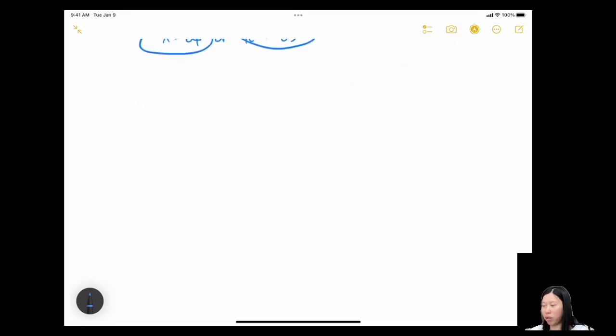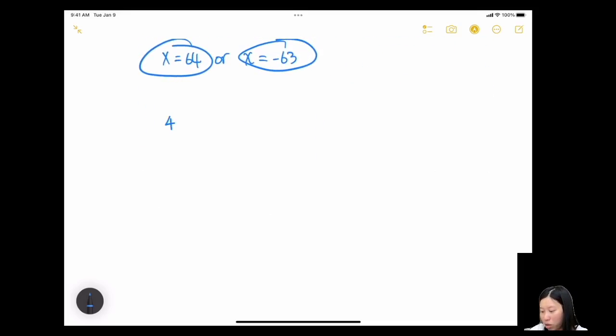Let's do another one. I have 4x plus 2, to the 3/5 power, equals negative 8. Okay, so again, you can see it as 4x plus 2, to the 3 times 1/5, equals negative 8.